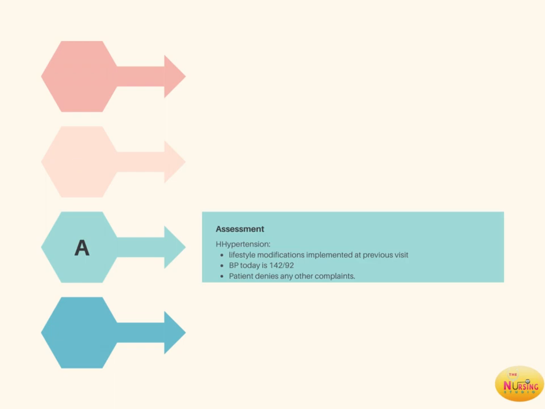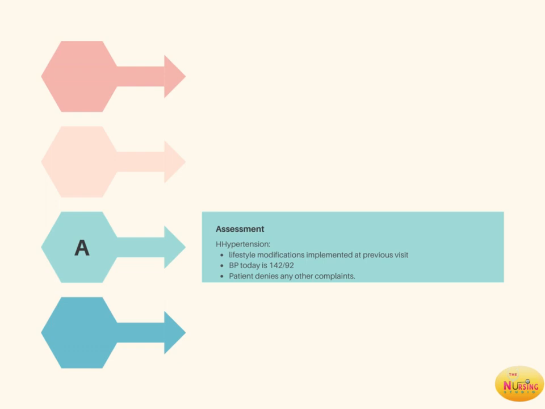And then assessment. Again, the assessment is a summary of what you have assessed and tied together, what your analysis is of all of those moving parts and pieces and the differentials that you have come up with. So here, I like to put it into subgroups. So hypertension will be the diagnosis. Lifestyle modification has been implemented since the previous visit.